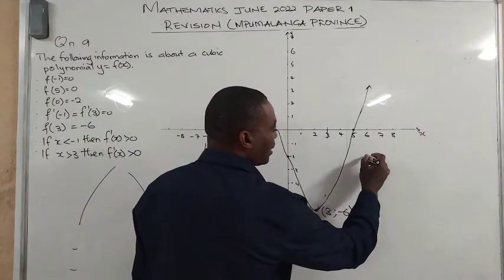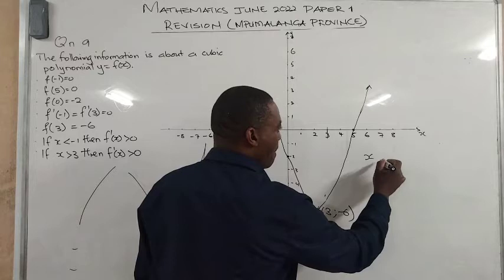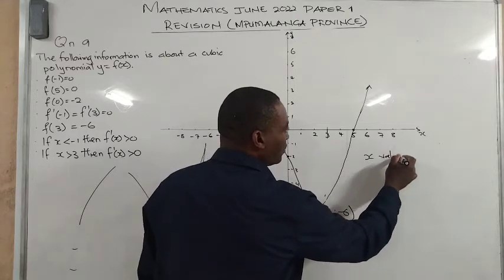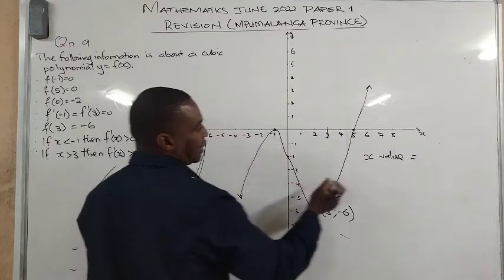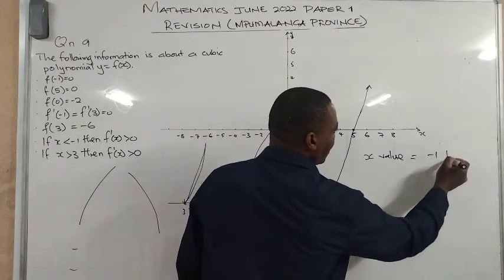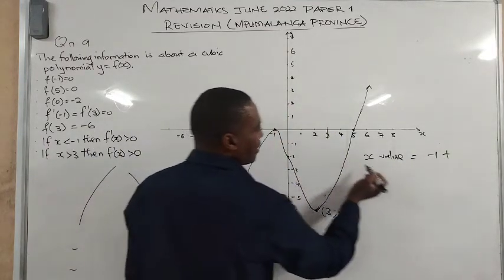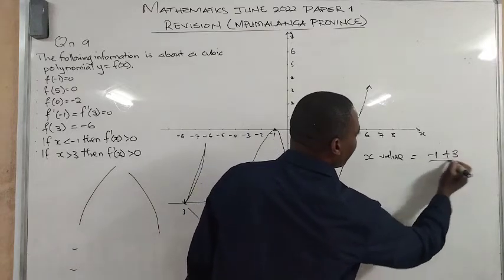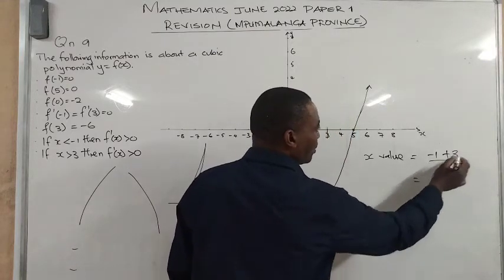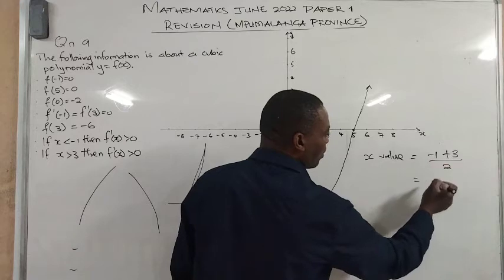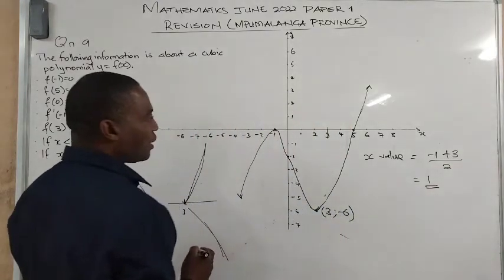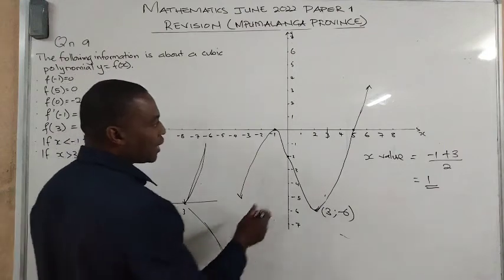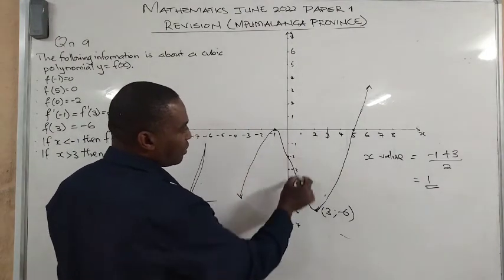So we are saying x value will be equal to negative 1 plus 3, and then we divide by 2, which will give us 2 over 2, which is 1. So the x coordinate of the point of inflection is 1.